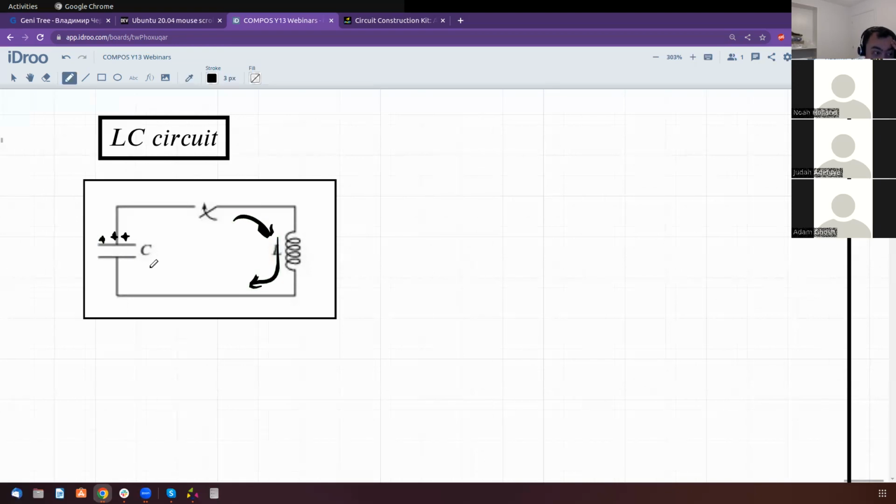It will keep current flowing, charging the capacitor. So the inductor will charge the capacitor, and then the capacitor will discharge in the opposite direction. So first the capacitor discharges this way, and then it charges, and then it discharges the other way.